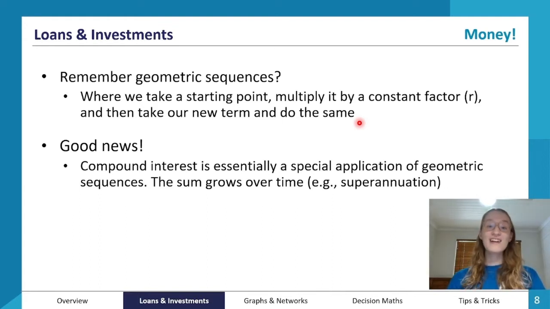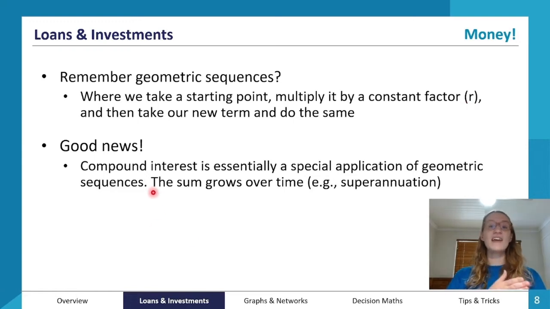repeatedly. And the good news that I have for you today is that compound interest is essentially a special application of geometric sequences. So we're actually doing quite a similar thing if you think about it conceptually when we're doing compound interest, because we're taking a starting point, which would be the amount of money in the investment or the loan, and then we're multiplying it by a constant factor, which is the amount of interest being paid or owed, depending on whether it's a loan or an investment.